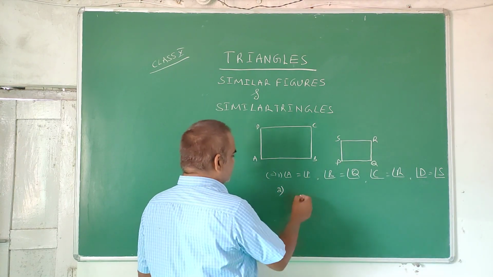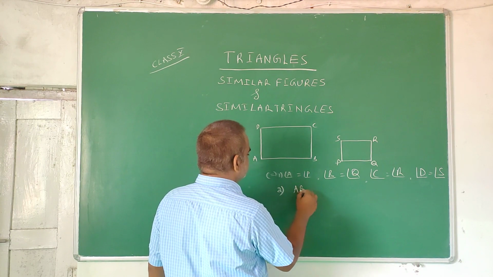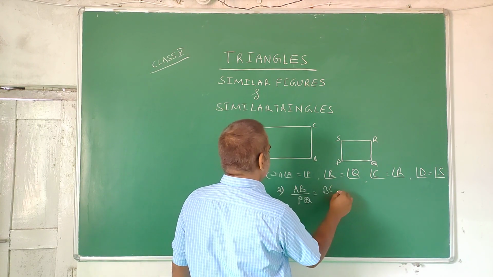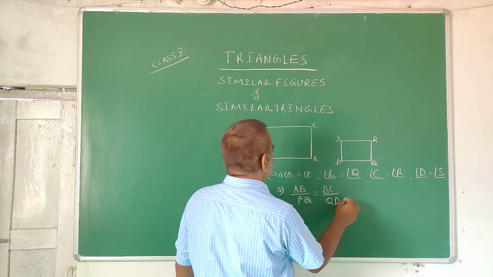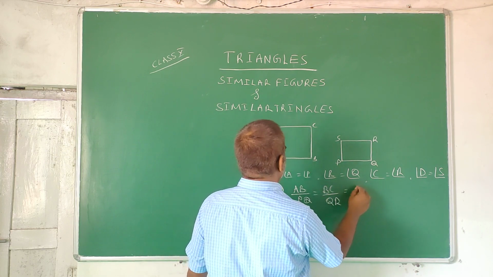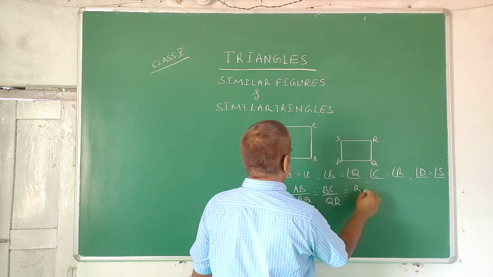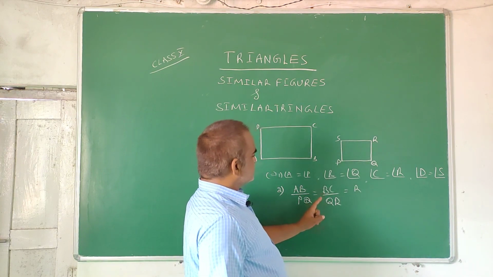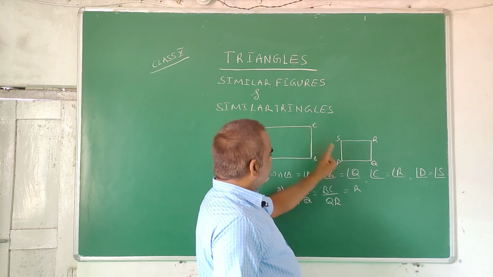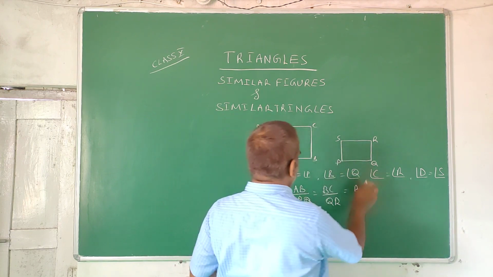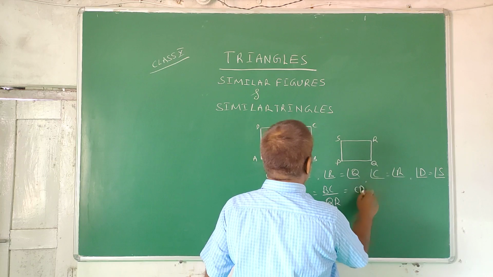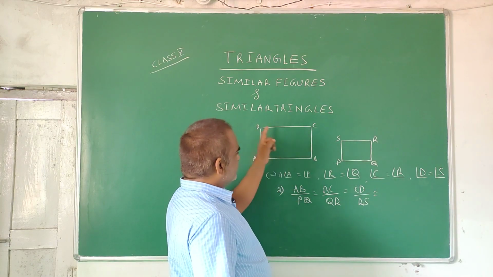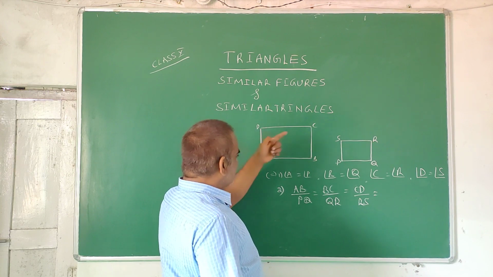That means AB by PQ should be equal to BC by QR should be equal to CD by RS should be equal to AD by PS. Are you following?